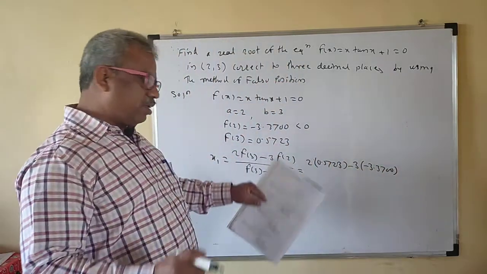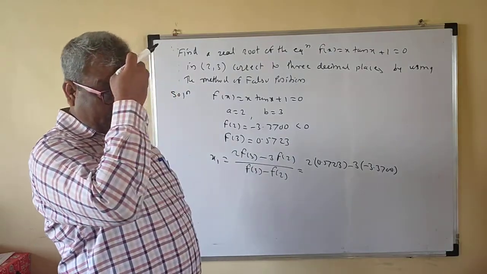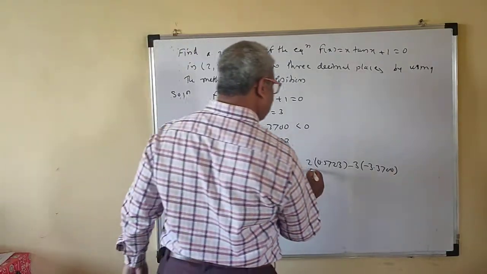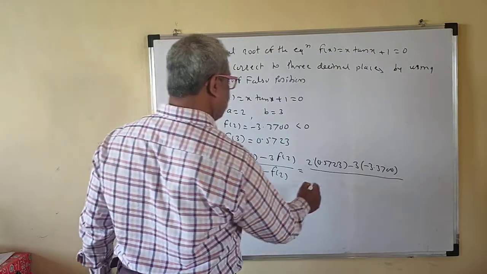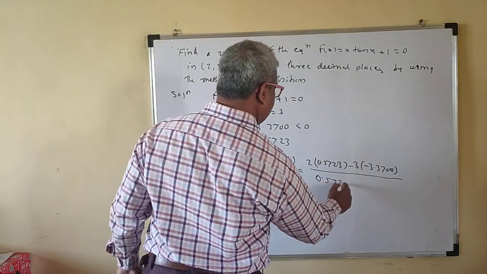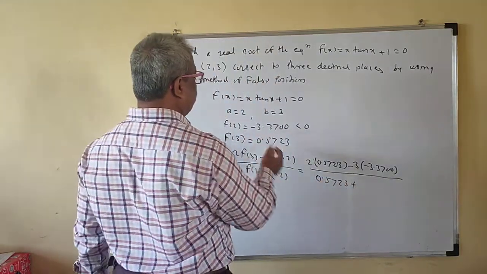You may drop that double zero, you may write only 0.37. Upon f of 3, 0.5723, I write plus now because f of 2 is negative, 3.3700.